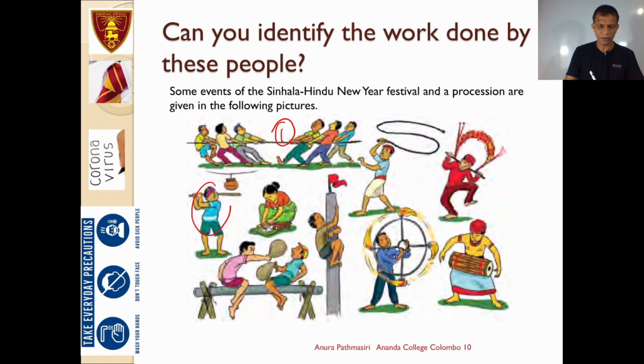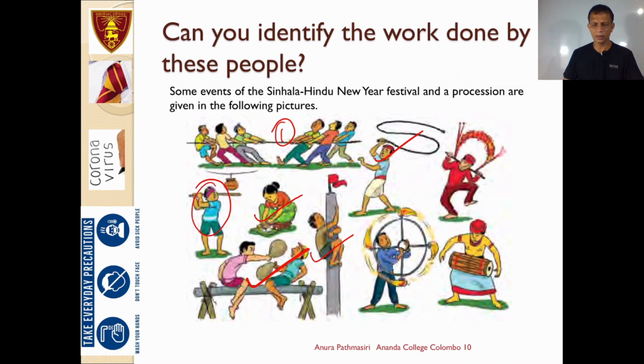This boy is trying to hit a pot, maybe a pot of water, and he's going to use his body energy even though his eyes are closed. This mother is scraping coconut, maybe for the New Year festival as a competition. The fighters are there, whip crackers in the Perahara.